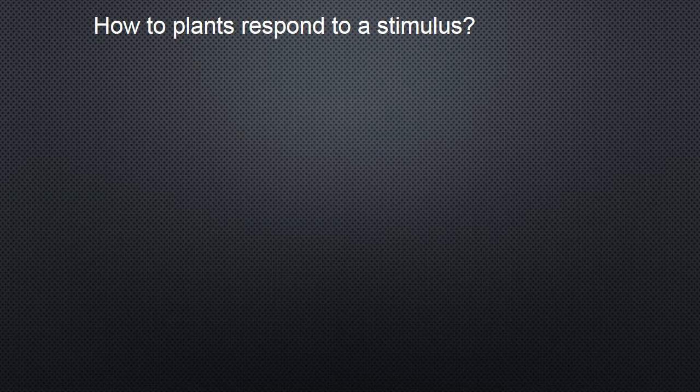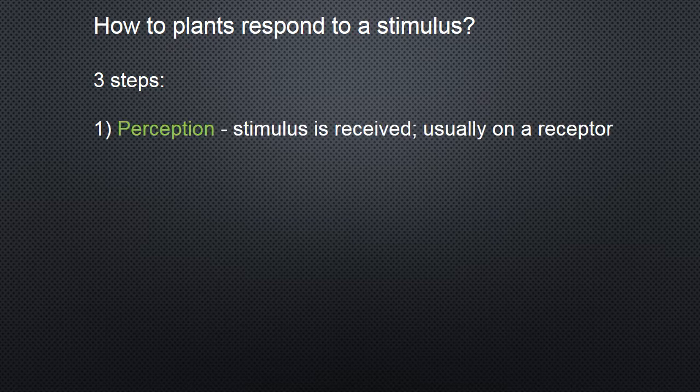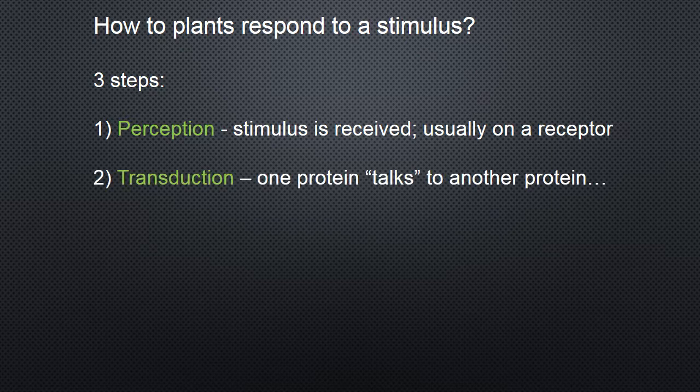So how do plants then actually respond to stimuli? It's a 3-step process. The first is the perception. They actually have to be able to perceive the stimulus in order to respond to it. So the stimulus is received, usually on a particular receptor. Then transduction. One protein talks to another.